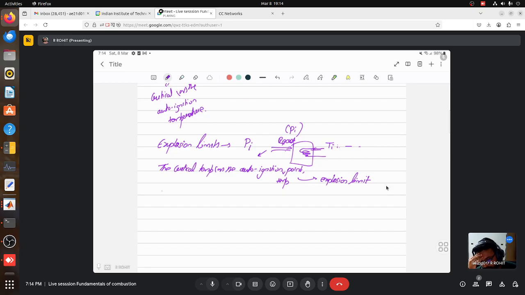The explosion limit depends on the initial pressure that you have, on the amount of reactants, and on the properties of the initial reactant mixture that you have.